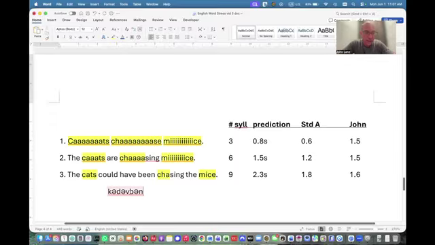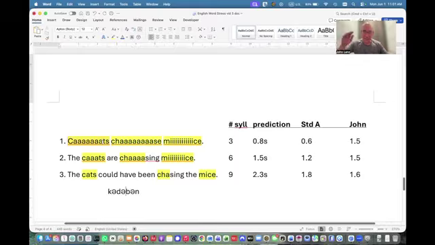So we often remove the V of, right? And we end up with could've been, could've been. The cats could've been cha, cats could've been cha. We have to say it really fast because we don't have much time. That pen is coming down for the next thing. The cats could've been cha, the cats could've been chasing the mice.